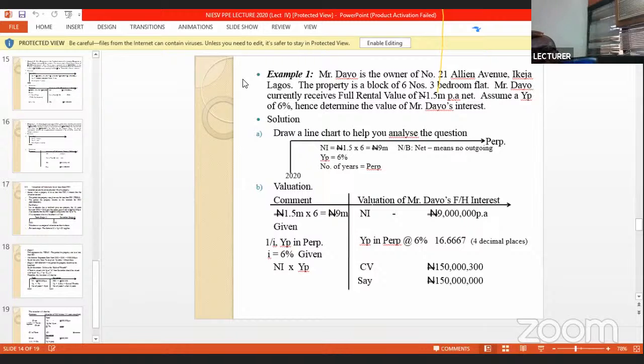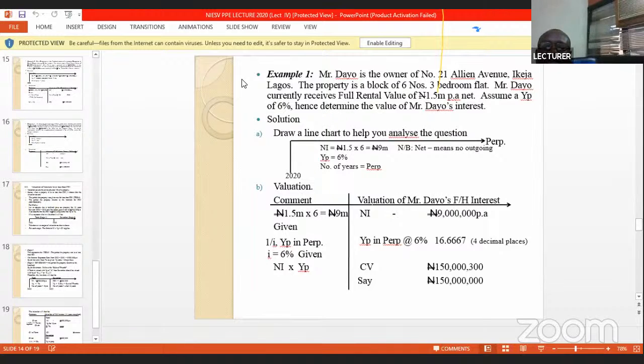On the comment side, you can now see how I arrived at the 9 million. 1.5 million multiplied by 6, which gave us 9 million. And you can see that that information was given in the question. I wrote it there, given in the question.